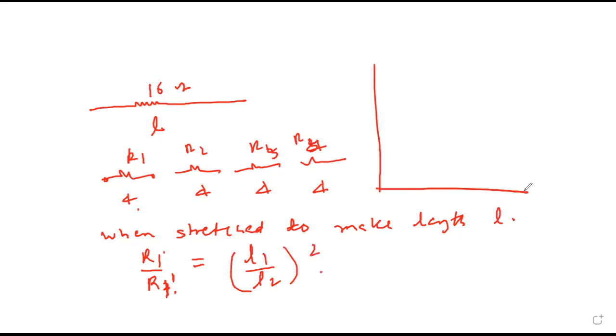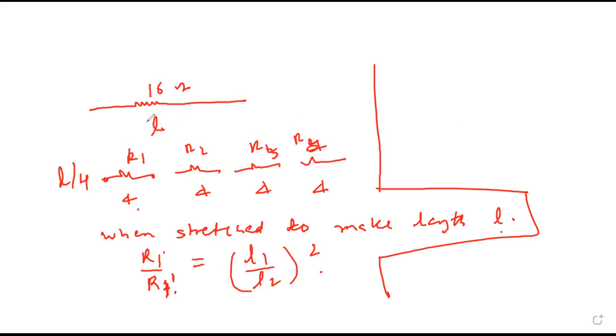Correct? First total length is L, then cut into 4 parts, each length L by 4. Then you are stretching it up to length L. After stretching all the 4, we connect them in parallel. So what is total resistance of this combination?